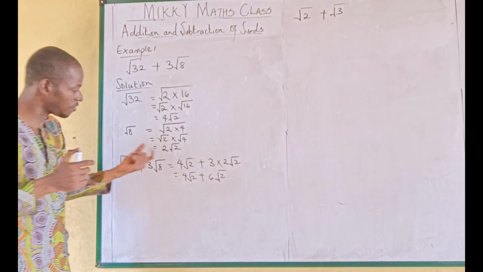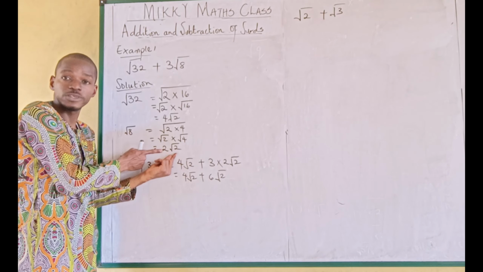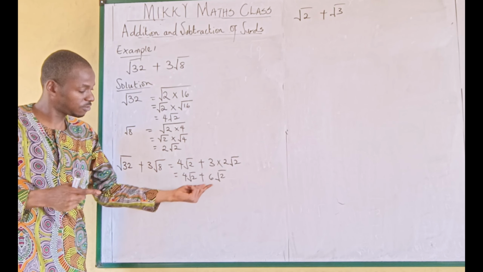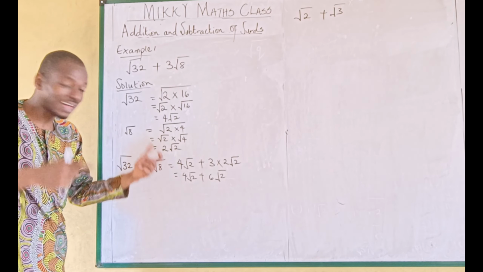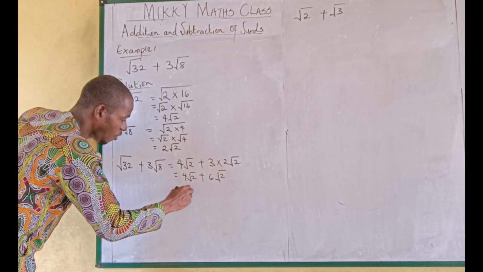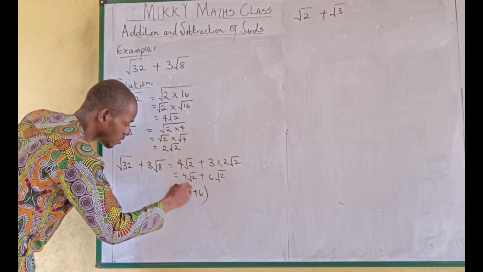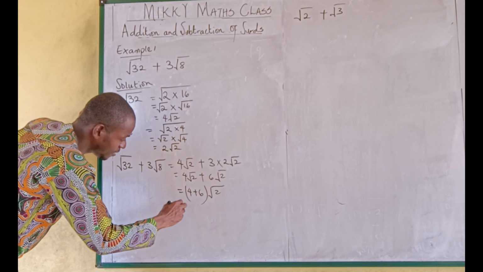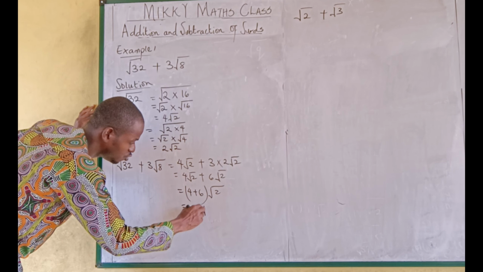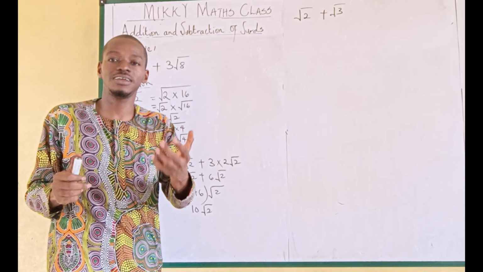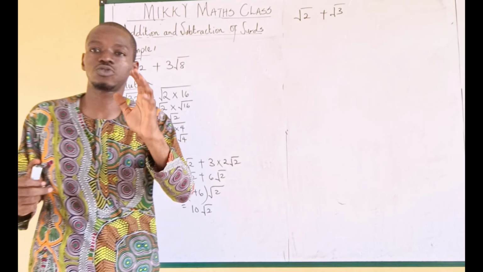Don't confuse yourself: this 2 in 2 root 2 is outside, multiplying the 3 here, and that's 6. Now let's add them together. 4 plus 6 is 10, so that's 10 root 2.